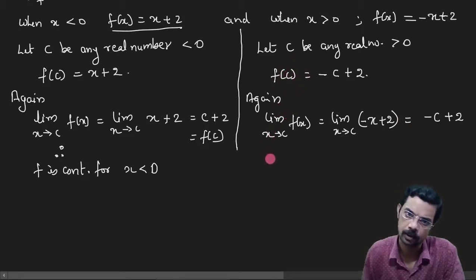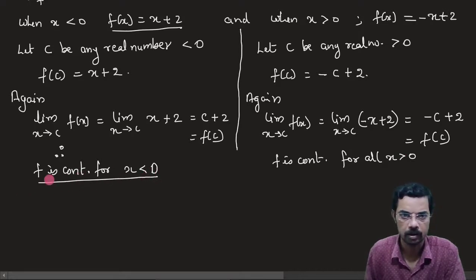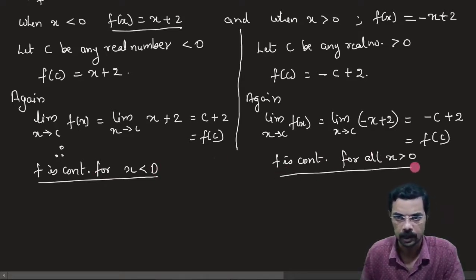So therefore, what can we say? That is equal to f of c. Limit as x tends to c of f of x is equal to f of c. Okay, so f is continuous for all x greater than 0. So f is continuous for all x less than 0, and f is continuous for all x greater than 0.